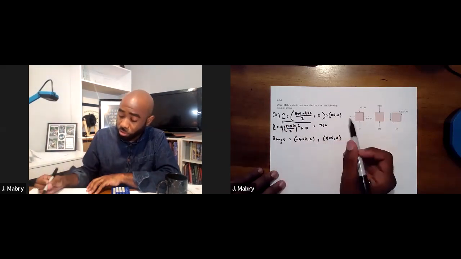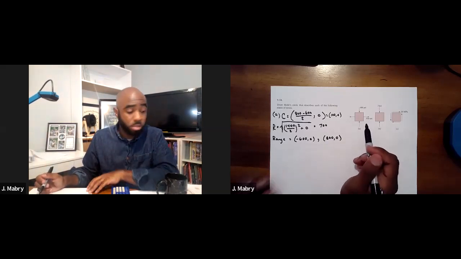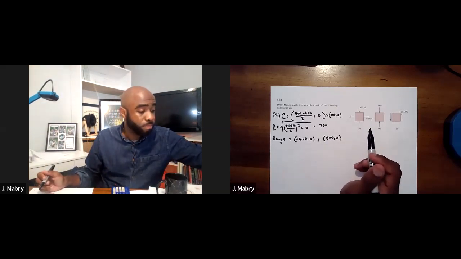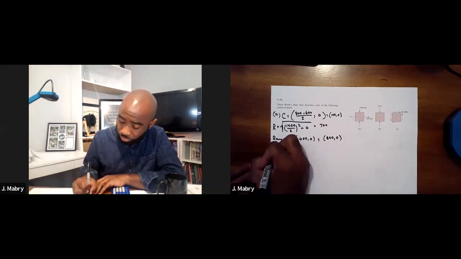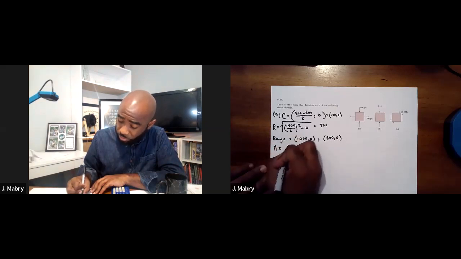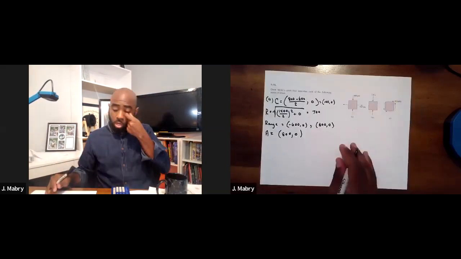A reference point is just going to be our sigma sub x and tau sub xy. Reference point A is going to be 800 and 0.